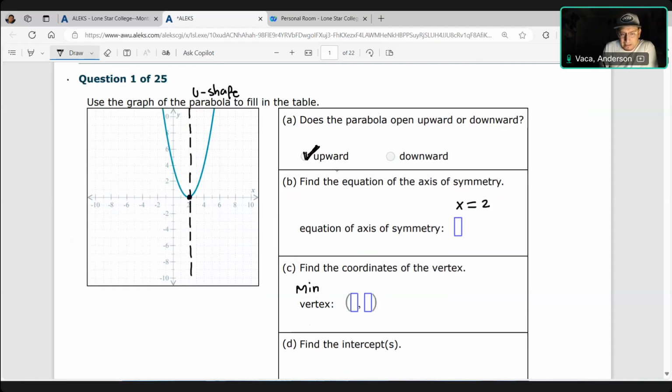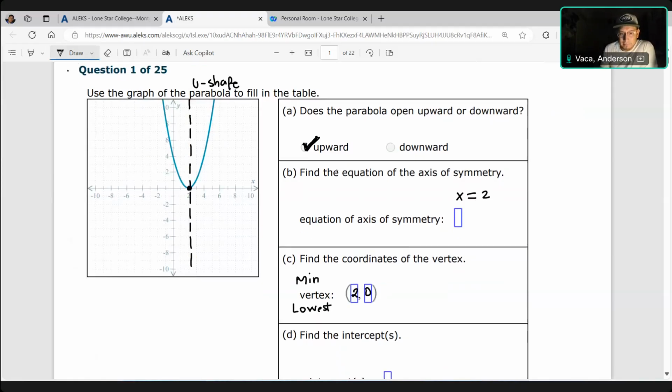Since the parabola opens upward, the vertex will be the lowest point of the parabola, and in this case it happens to be (2, 0).